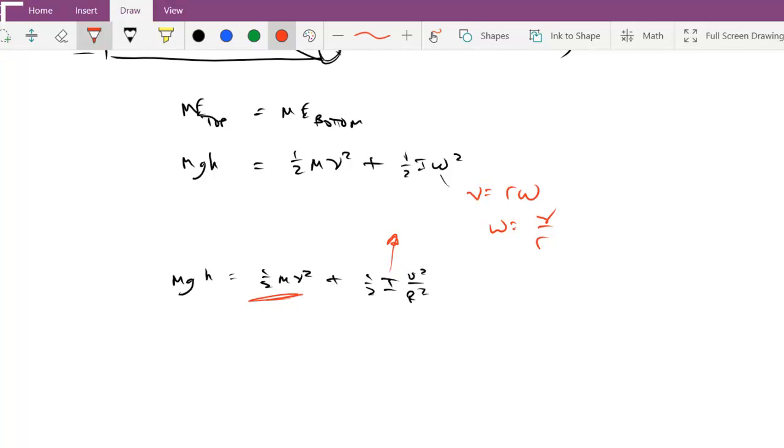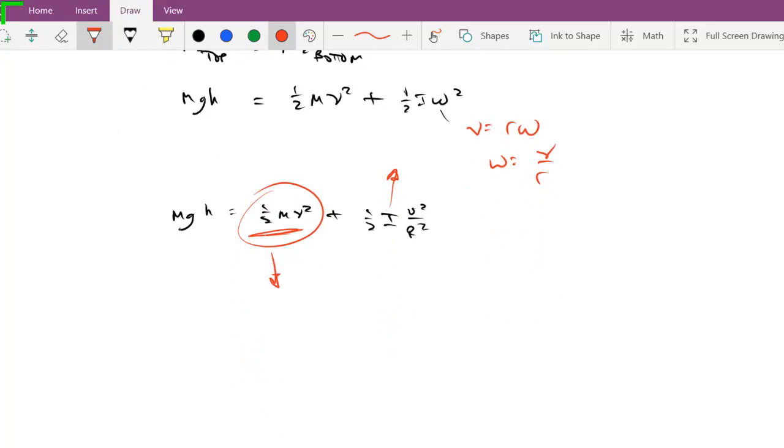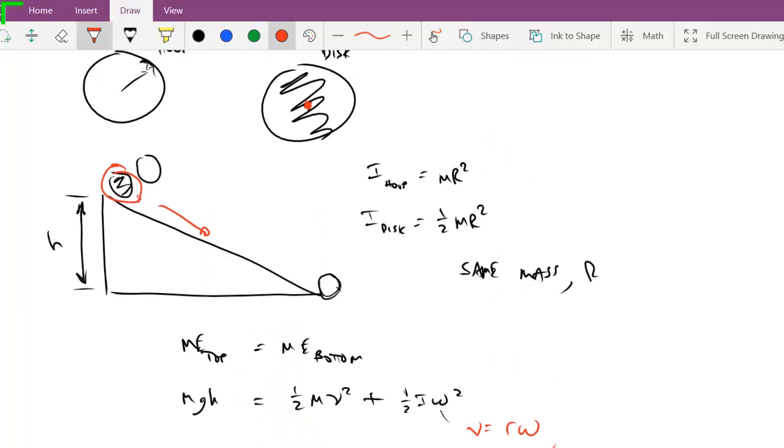So the bigger this is, the smaller this one is, and we want the one with the greatest linear velocity, because that'll be the one that hits the bottom first. So whichever one has a greater rotational inertia, which is going to be the hoop, is actually going to go the slowest. So the disk, which is solid, would actually hit the bottom first.